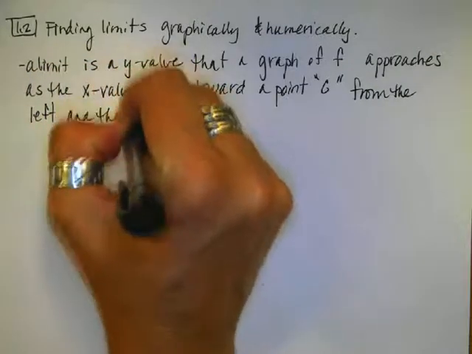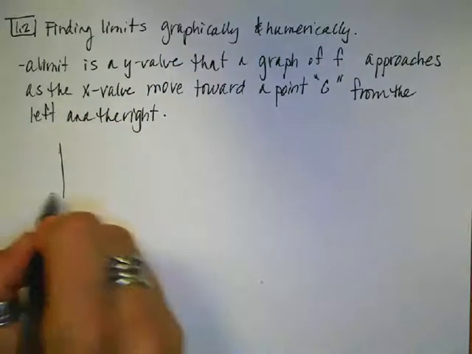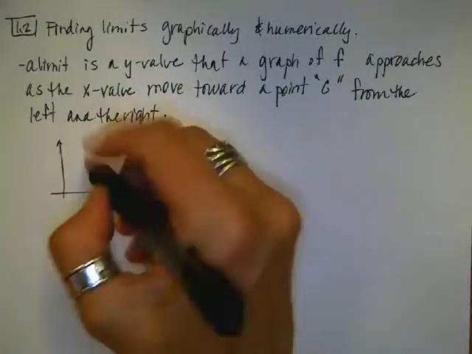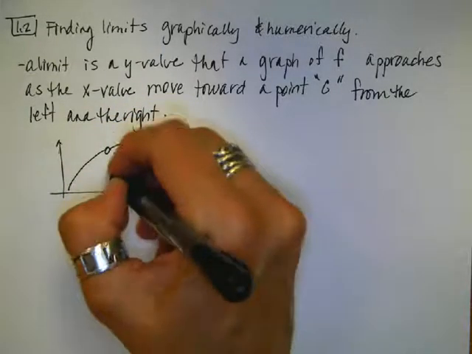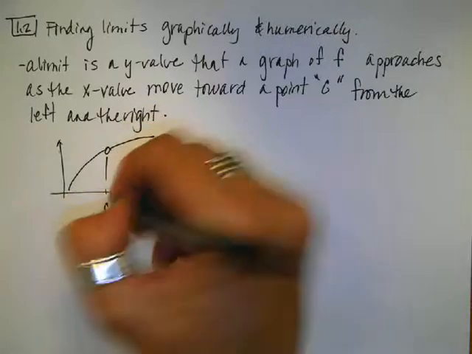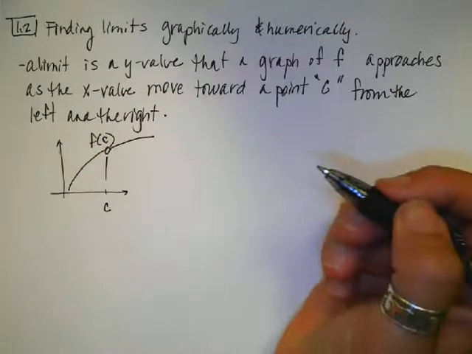Okay, so for example, let's say I have a graph, and it kind of does this, and then I have a gap, and then my graph keeps going. This is my C value, then the open circle would be my f of c, and then this is my function.